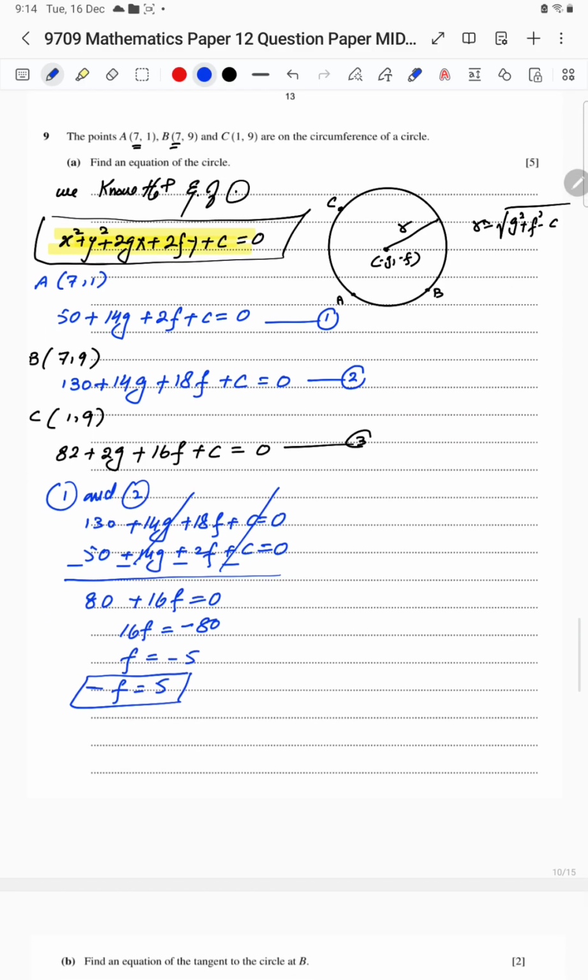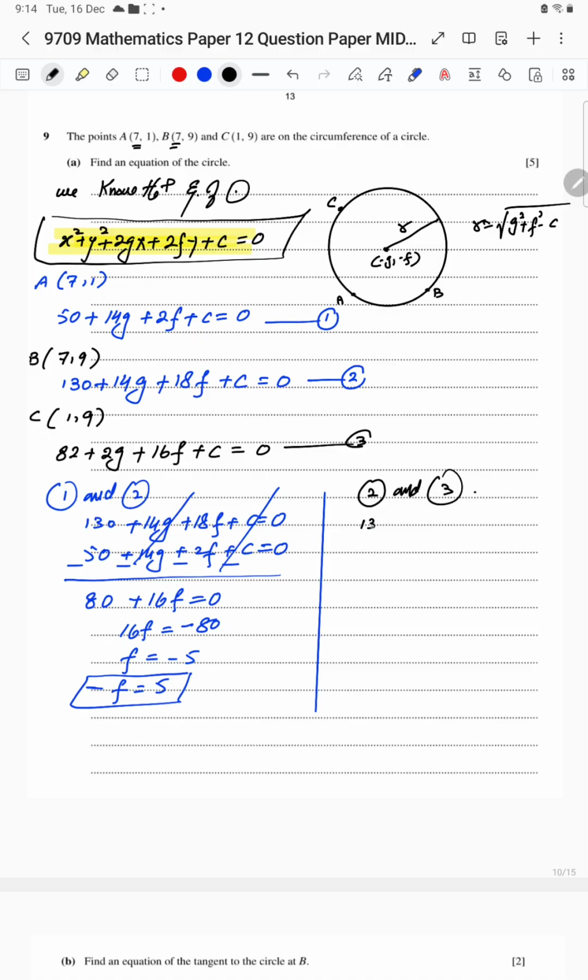Okay, similarly, I can now solve 2 and 3, or any, up to your own choice.